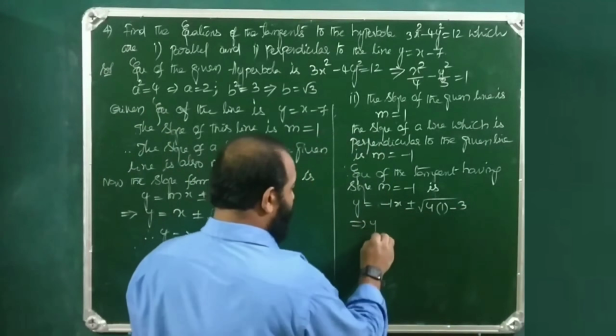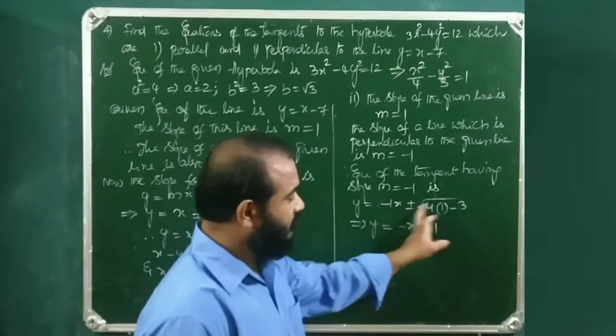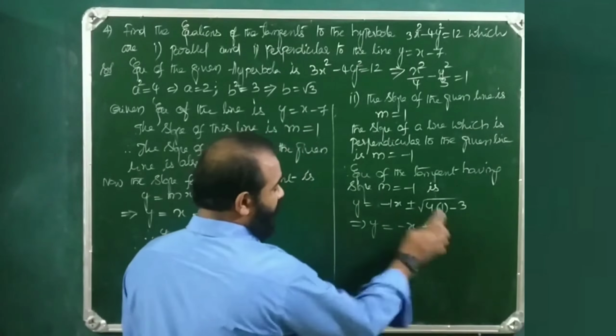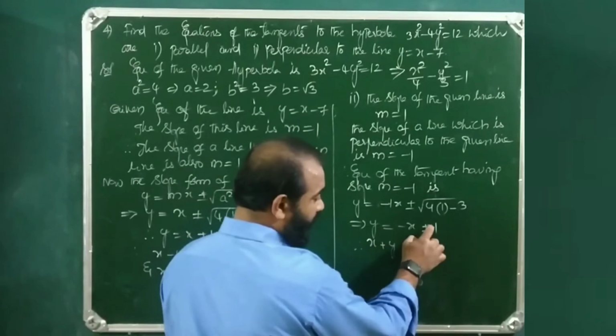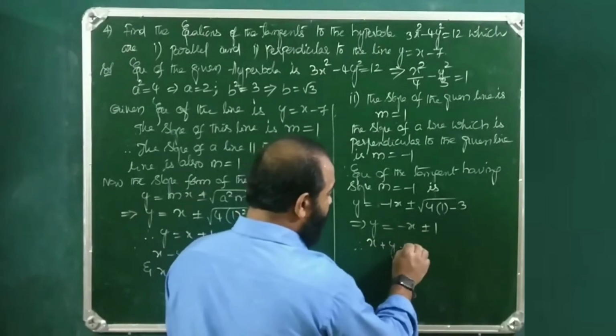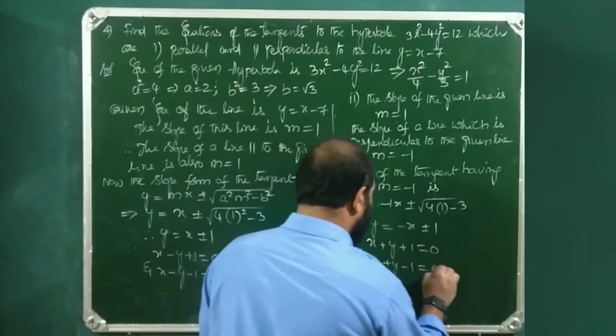So this is y is equal to minus x plus or minus 1, since 4 minus 3 is 1. So therefore, if you take plus 1 and minus 1, x plus y plus 1 equals 0 and x plus y minus 1 equals 0.